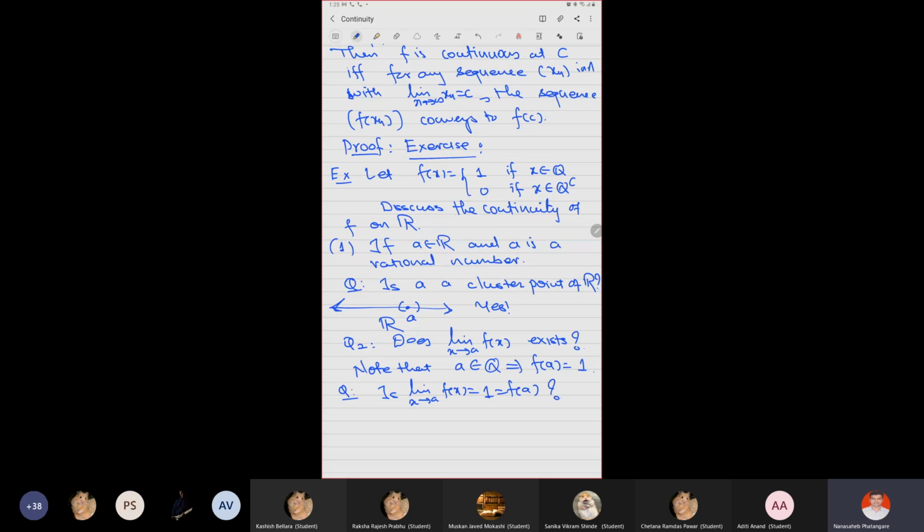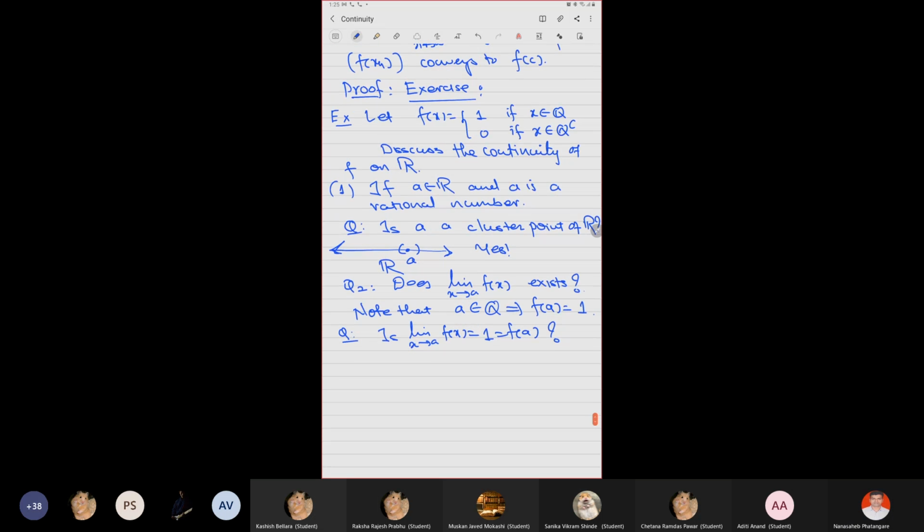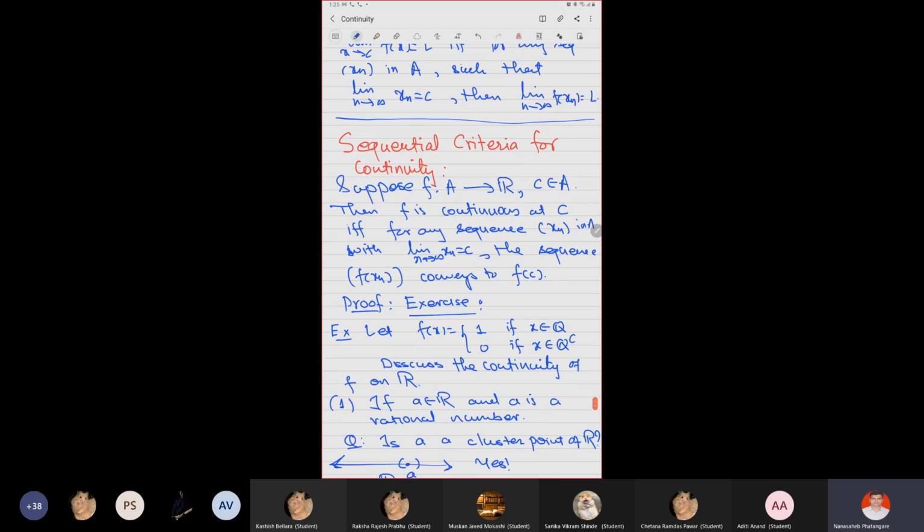This is the question. Does the limit exist and is it the same as the value of the function at a? What is the answer? Go back to the sequential criteria.